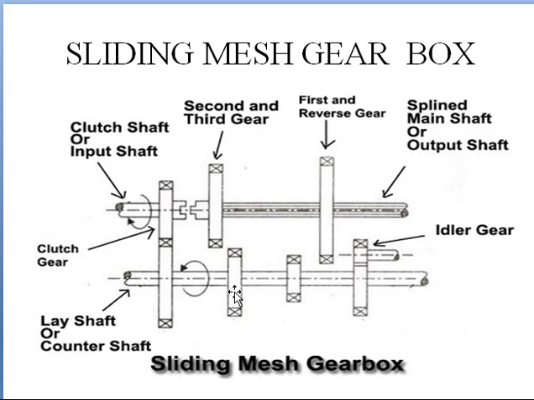Depending upon the requirement, we move these gears so that the power transmission will go to the output shaft. If you want to go for the first gear, then this bigger wheel will come in contact with the smaller gear and these two will get engaged here. As a result, the power transmission will take place from this shaft to this shaft. So the same power will get to the output shaft.